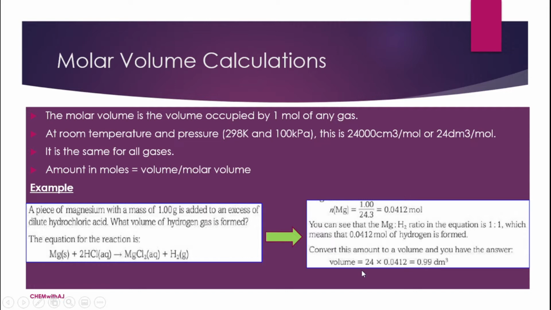We rearrange it so that we get volume equals moles into molar volume. So we have the moles of hydrogen gas into 24 dm cube. Then we'll get the answer in dm cube as well, 0.99 dm cube. So this much hydrogen is formed.